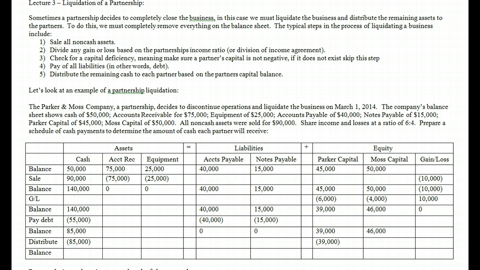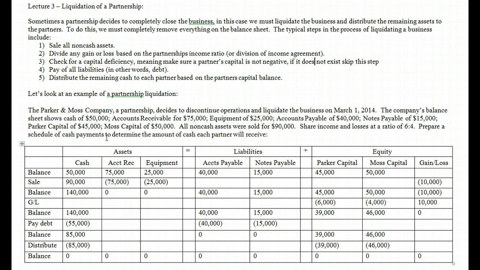So we're going to reduce his capital by 39,000 and Moss's by 46,000. Now, at the end of the day, when we balance out, we should have nothing left in this company because liquidation means the company ceases to exist. There is no assets, and if there's no assets, there can be no claims on those assets.